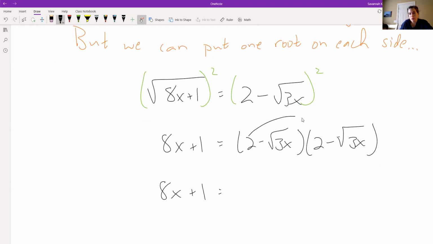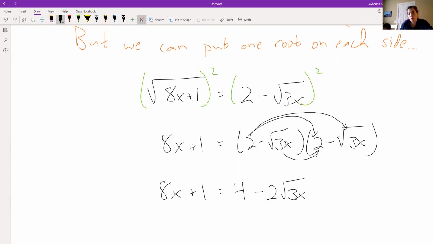Okay, so for example, we've got 2 times 2, and then we've got 2 times the negative square root of 3x. So the way we would organize that is the negative sign would go first, then the 2, and the root. All right, same multiplication repeated.